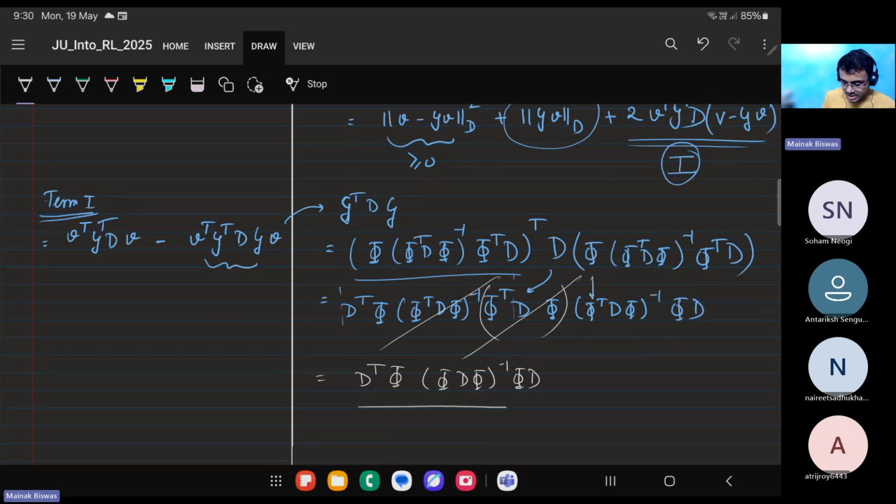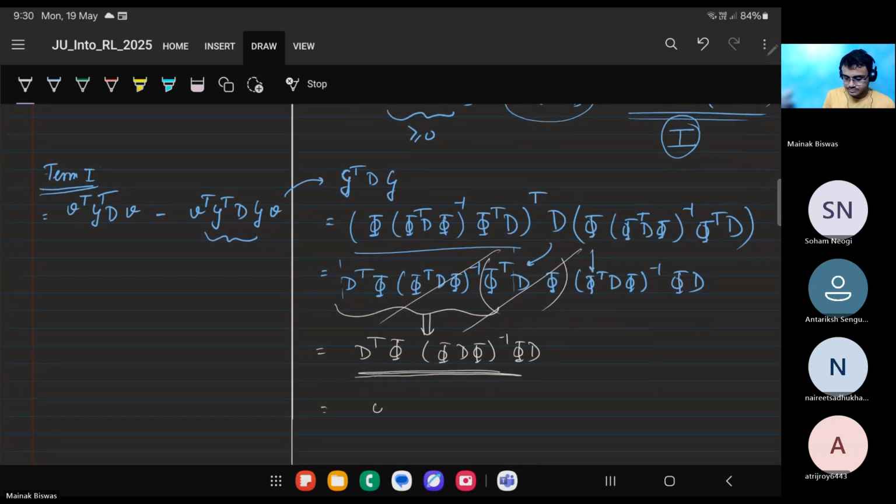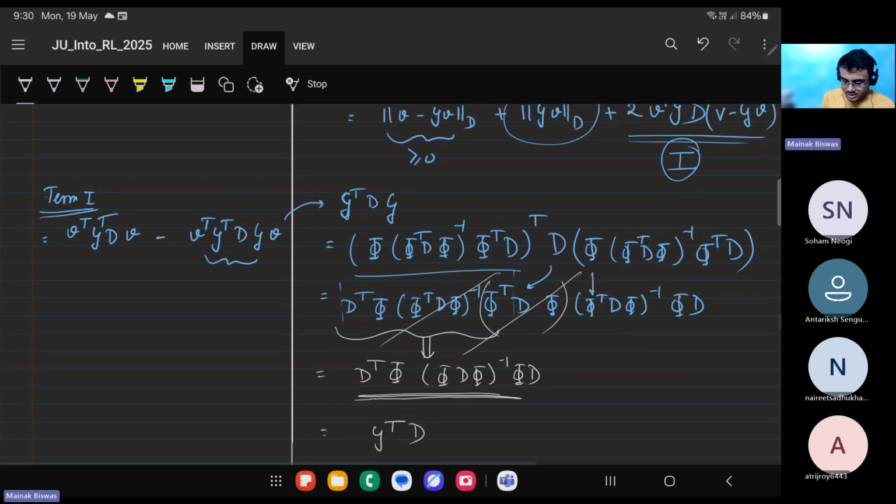This term that I have over here, this term is this term that I had over here. I got it from G transpose. Yes or no? See, G transpose is this.